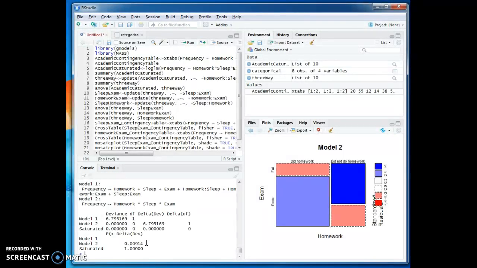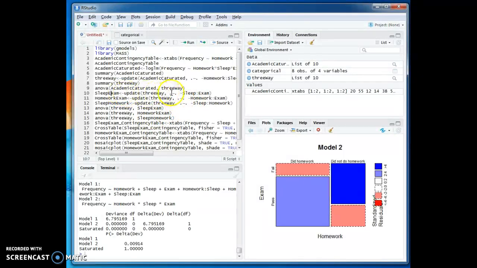In other words, the three-way interaction is a significant contributor to making this model fit the data. So we conclude that the three-way interaction is significant, and we don't want to remove it. Next, we are going to remove the two-way interactions.